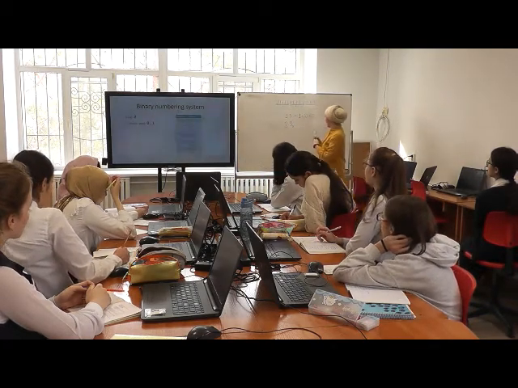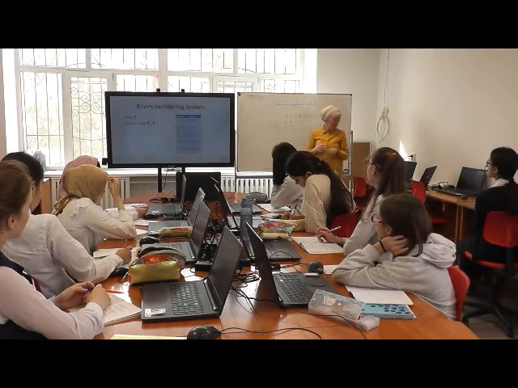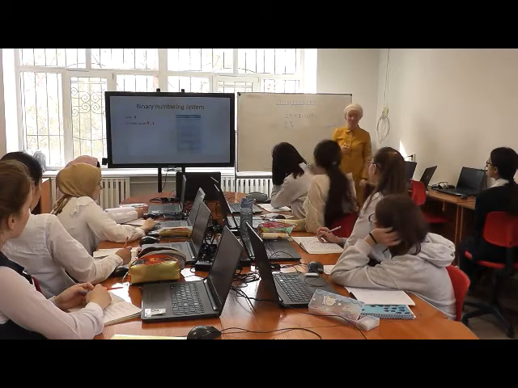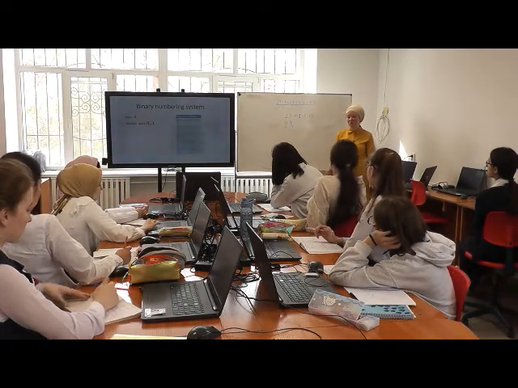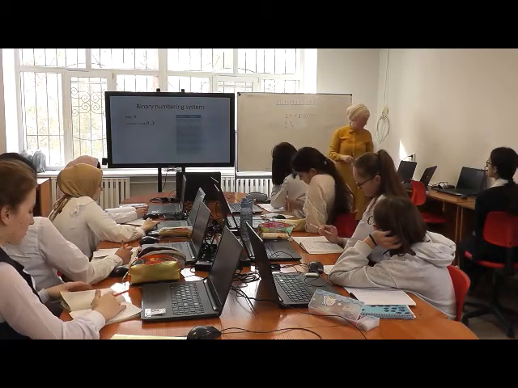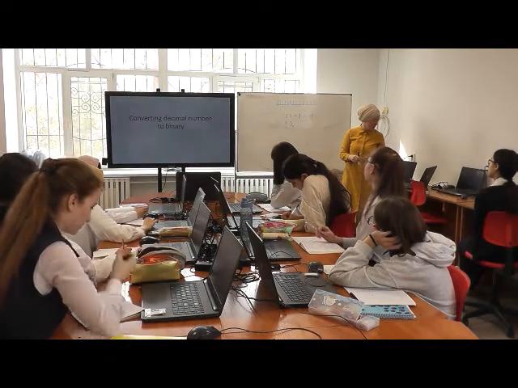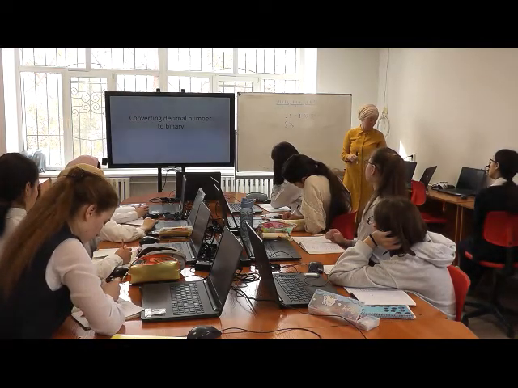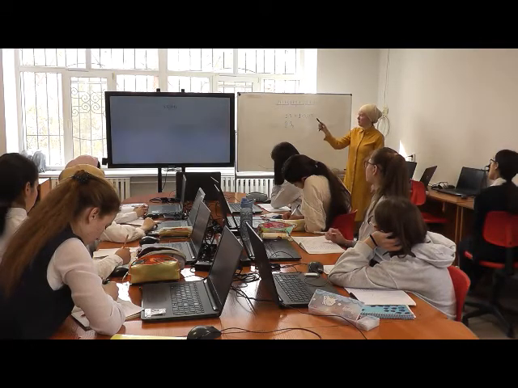So how to convert? For example, I have 13. How do we convert 13 to the binary numbering system? There must be some rule, right? Let me show you a rule for converting a decimal number to binary. As an example, I took 53.